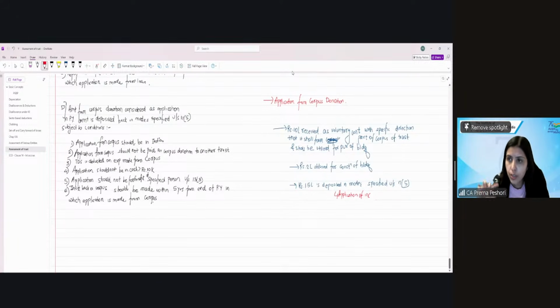So, any amount paid as a donation to any trust which is registered under 10(23C) or under 12AB shall be treated as application of that particular year. So let us write it over here.